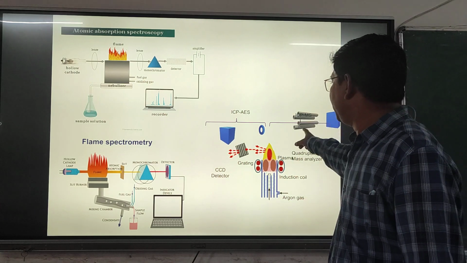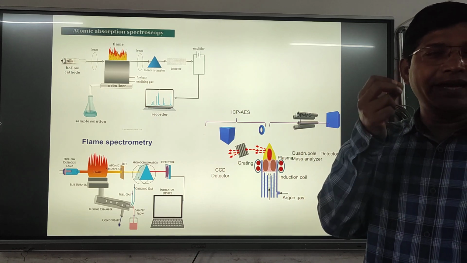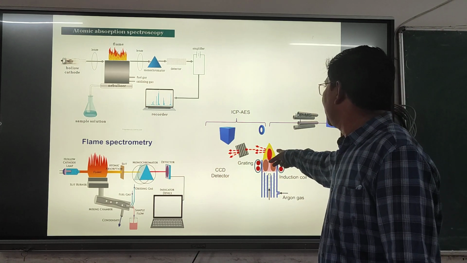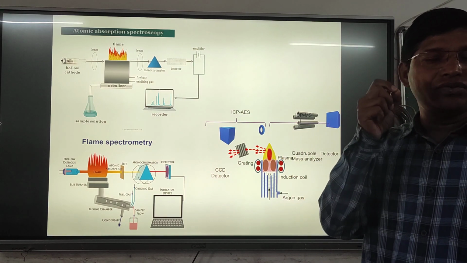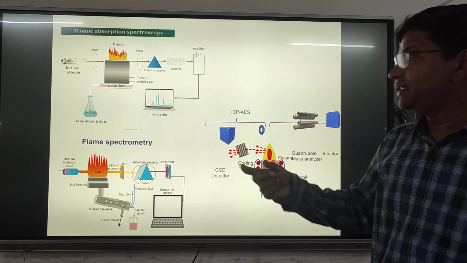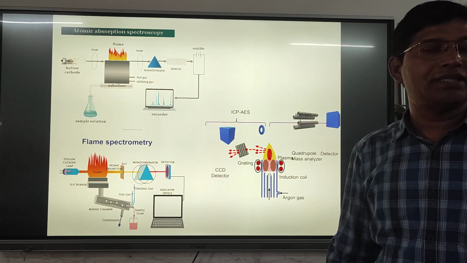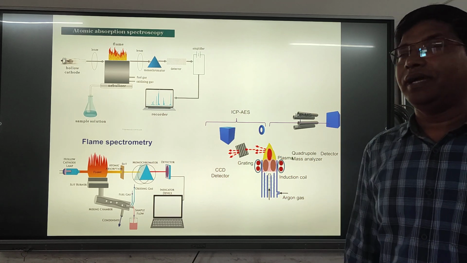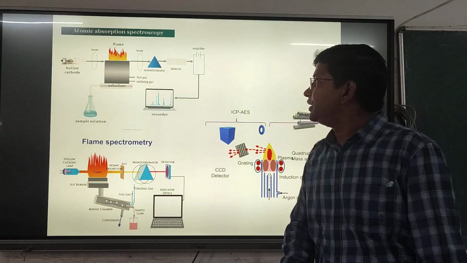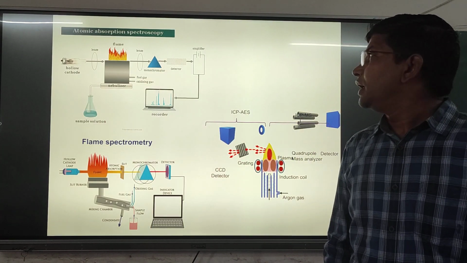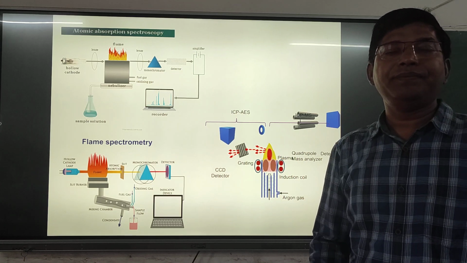But in mass spectrometry, again the element is atomized, and in the ion source it gets ionized, then passes through the mass analyzer for detection of the element in ICP-MS. So this is about ICP-MS for determination of different elements from different samples.